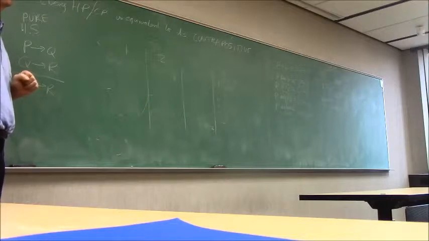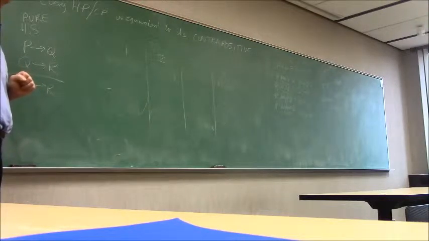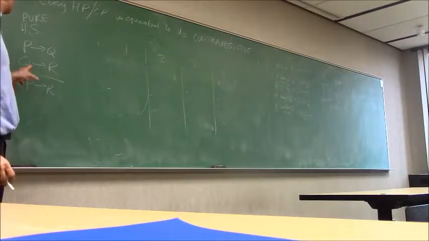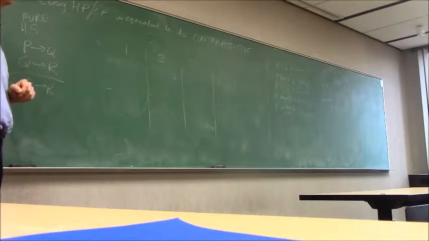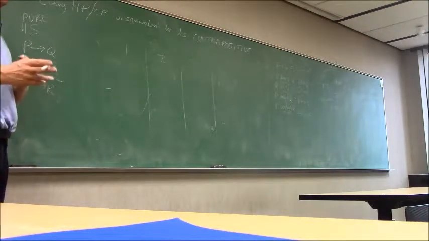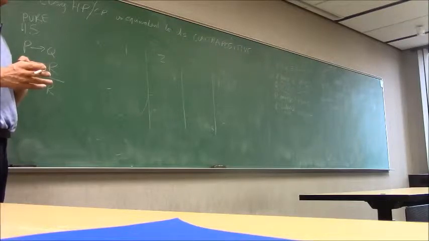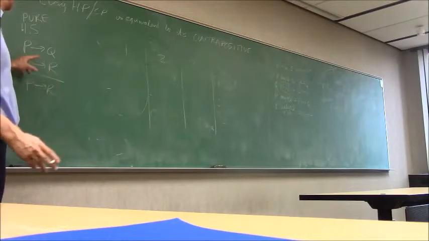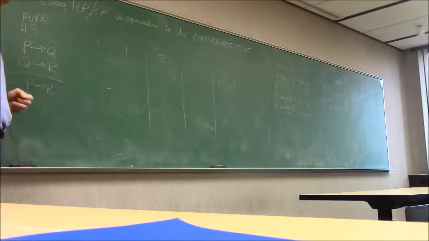Well, no, it's an AAA1, so what do I have to do? The Q's are in the right place, and the P and R are in the right place, but something has to be switched.